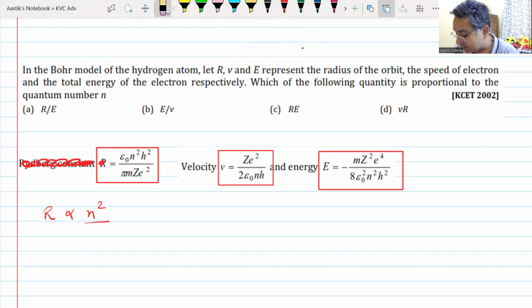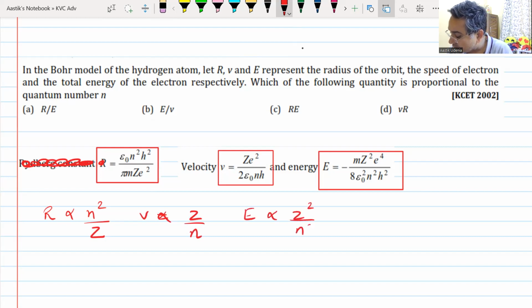The radius of the orbit is proportional to n square by Z. The velocity is proportional to Z by n, and energy is proportional to Z square by n square. It cannot be Rydberg constant. It has to be the radius. So now you can see which will be proportional to n, and if you just multiply, you will see that v into r will be proportional to n.